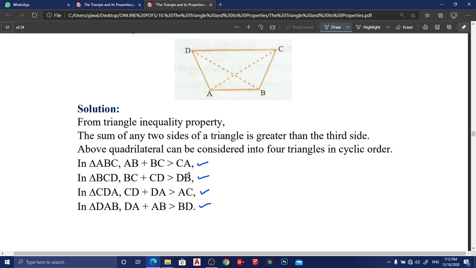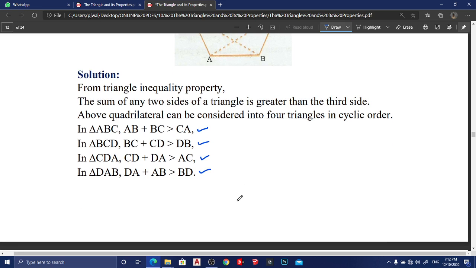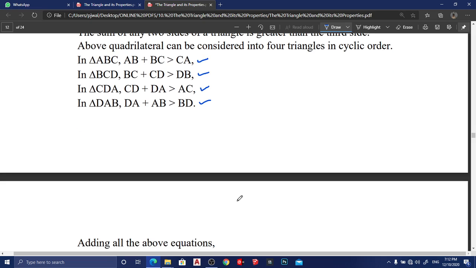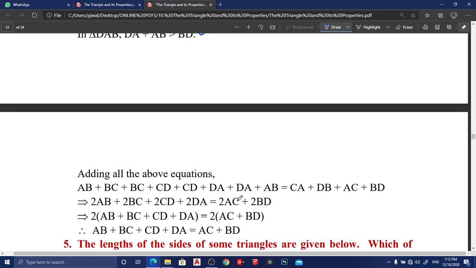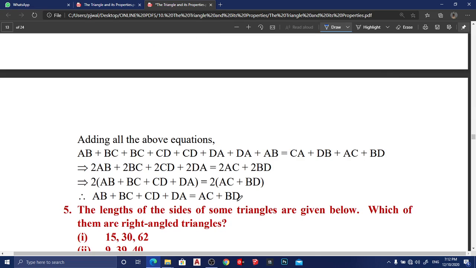So now same concept. Add all the sides which are on the left side, and add all the sides which are on the right side. By adding them, AB plus BC plus BC plus CD plus CD plus DA plus DA plus AB is greater than CA plus DB plus AC plus BD.